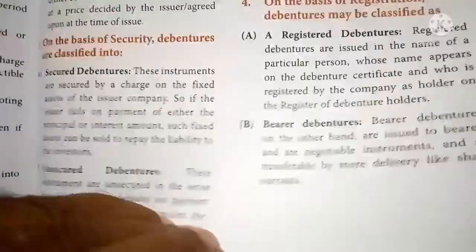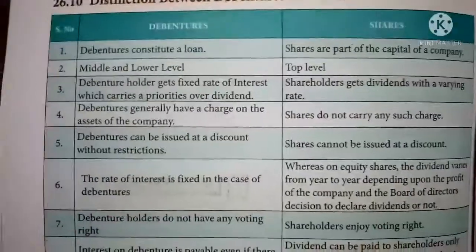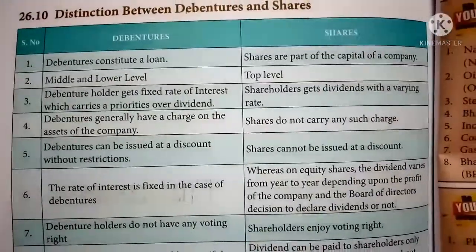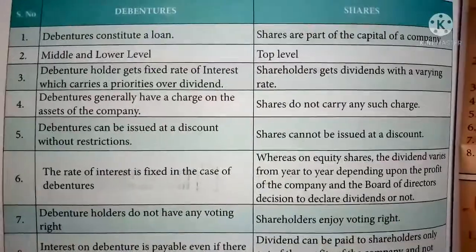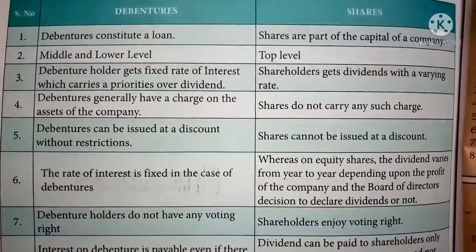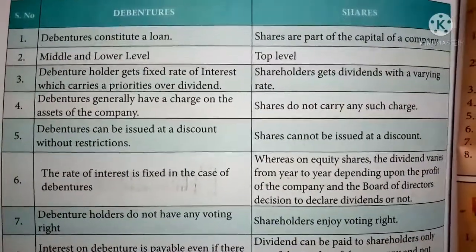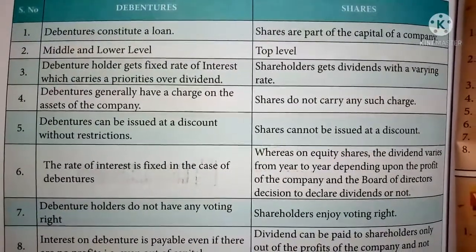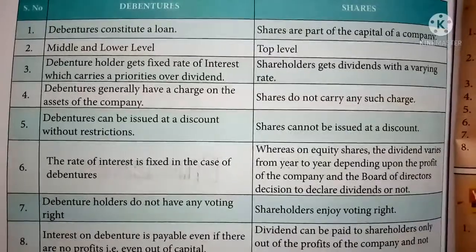Next, difference between debenture and shares. It is also called the difference between debenture holder and shareholder. First point: debenture constitutes a loan. That is, the debenture holder will be the creditor of the company.